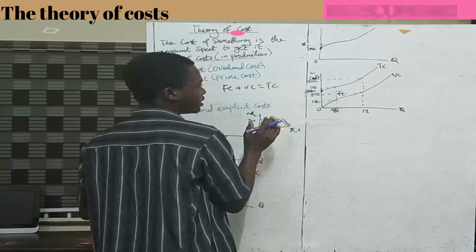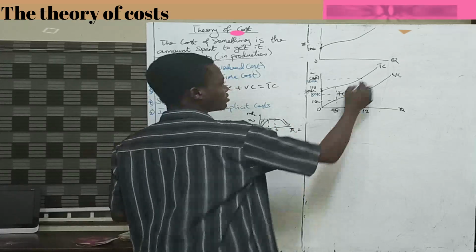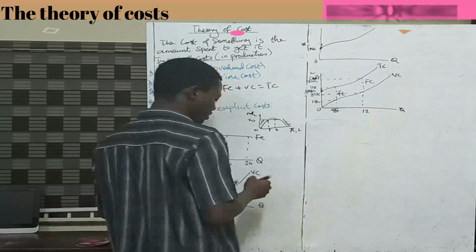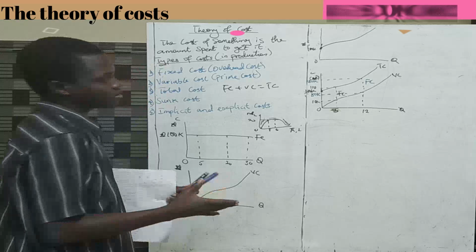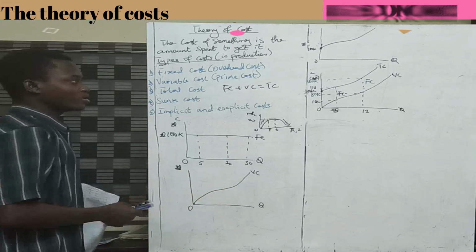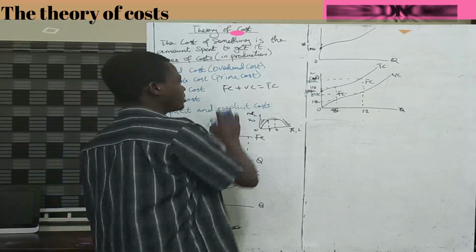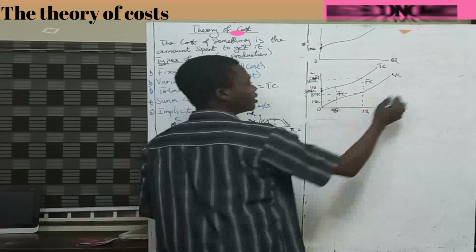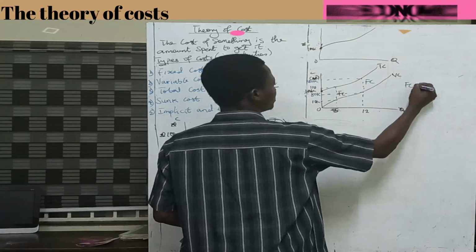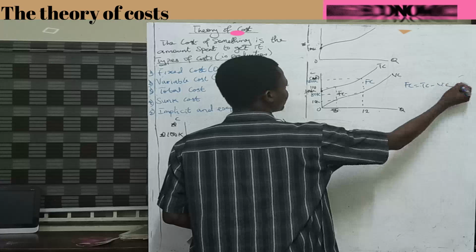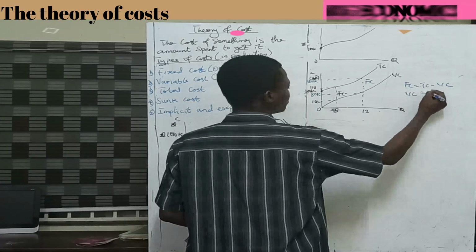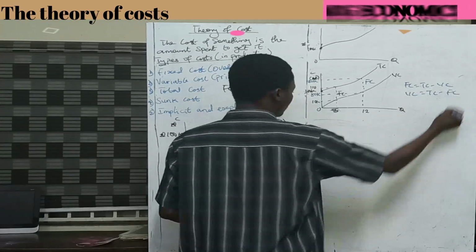So 180 minus 80 would also give you 100,000. That's just the point. The difference between your total cost curve and your variable cost curve is going to give you your fixed cost. I already said FC plus VC is TC. So from there, FC is TC minus VC. Same thing for VC, which is TC minus FC.